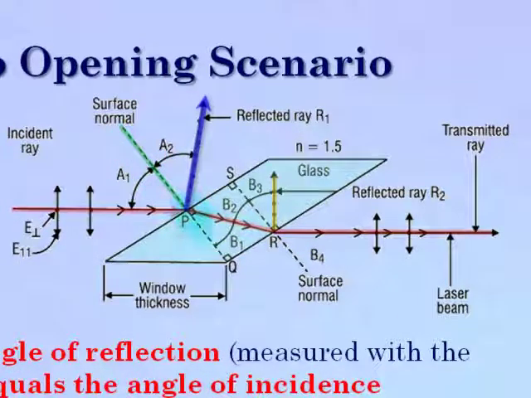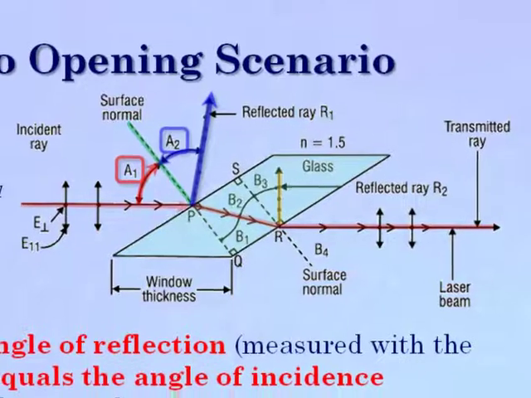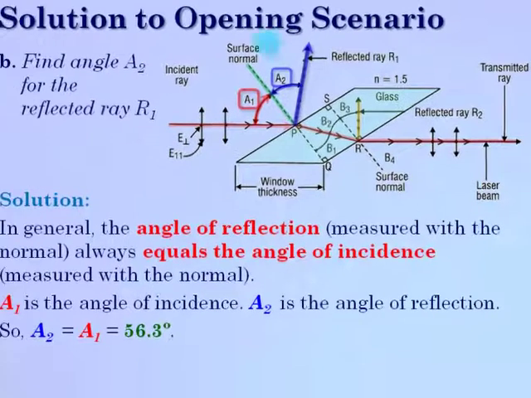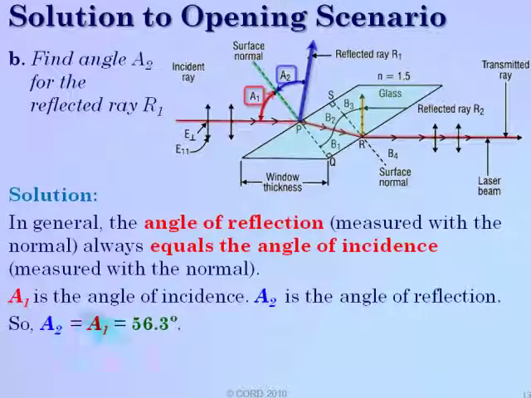This is an imaginary line we draw that is perpendicular to the surface of the media. Perpendicular means 90 degrees. So if angle A1 is coming in and angle A2 is the angle of reflection, and those are equal, then it's pretty obvious that A2 is going to equal the Brewster's angle that we just calculated in part A of this problem, 56.3 degrees.